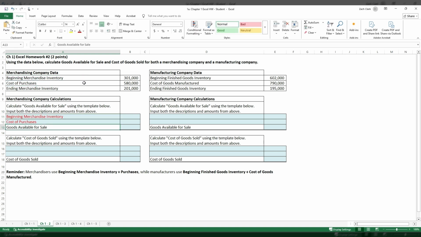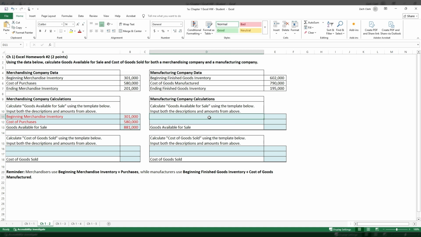So for a merchandiser this would be beginning merchandise inventory plus cost of purchases. This is what we started with, and this is the additional amount of inventory we purchased. So really what we're talking about is, before we account for any sales that happen during the period, this is the whole pool of inventory that we could sell from a cost perspective.